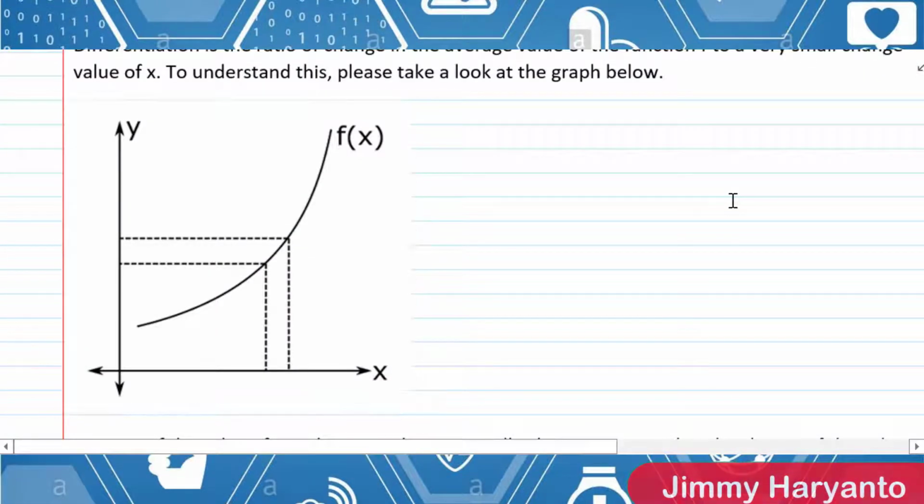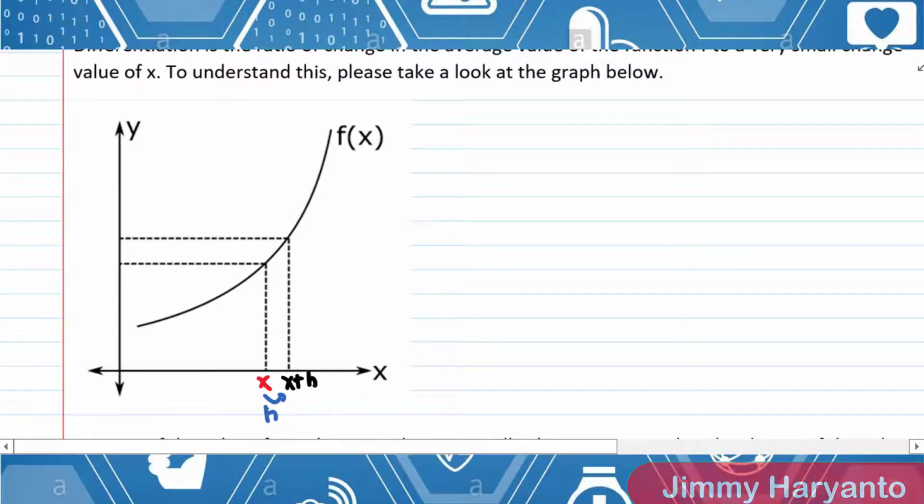So I have this graph of f(x). If I take x as a value of x on the curve, and I give a small change of x, I call it h, then I will have this new value of x, which is x + h.